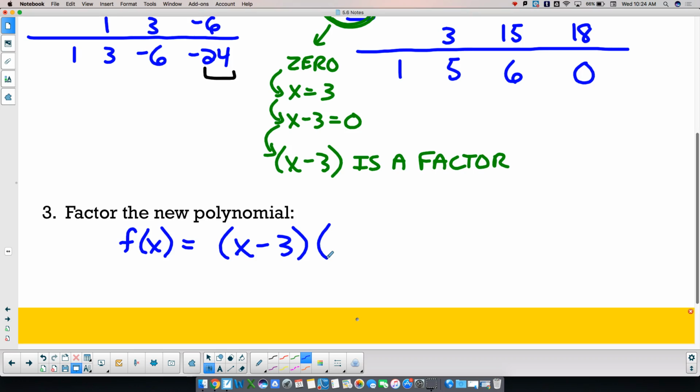This was the result here of when we put 3 in synthetically: x squared plus 5x plus 6.